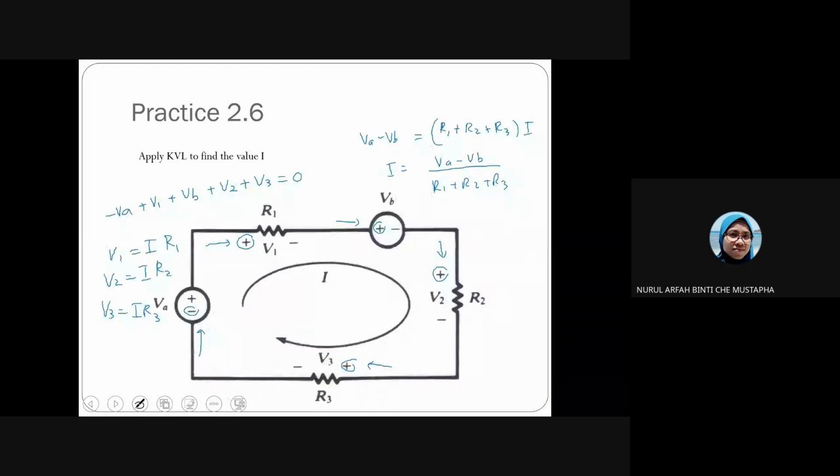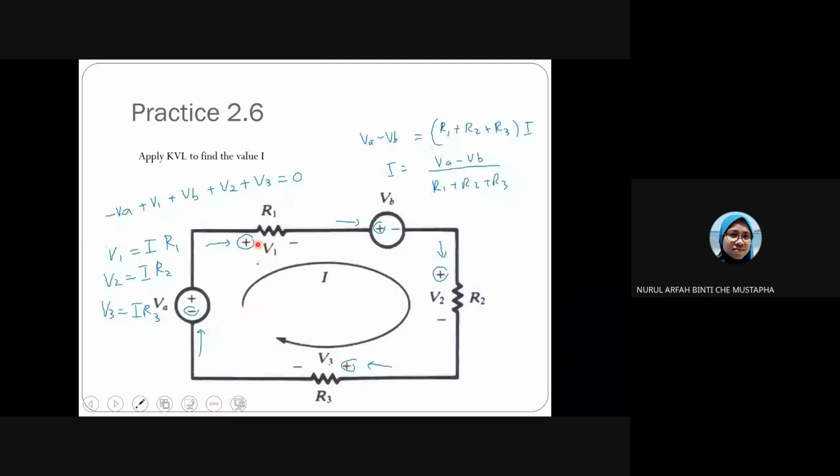Okay, do we have that? Okay. Guys, we set the current direction clockwise. So if we start from this BA, this is about this BA here.